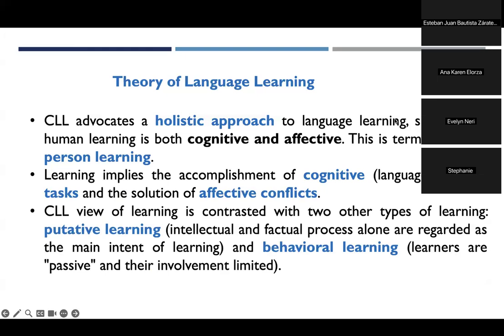That's why the CLL view of learning is contrasted with two other types of learning: putative learning, which is devoted only to intellectual and factual processes, and behavioral learning, where learners are passive and their involvement is limited. So, what is this contrast between putative learning and behavioral learning?